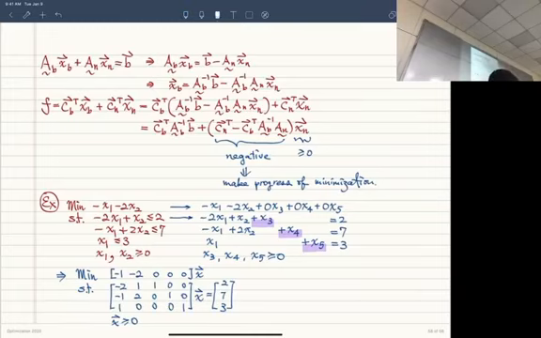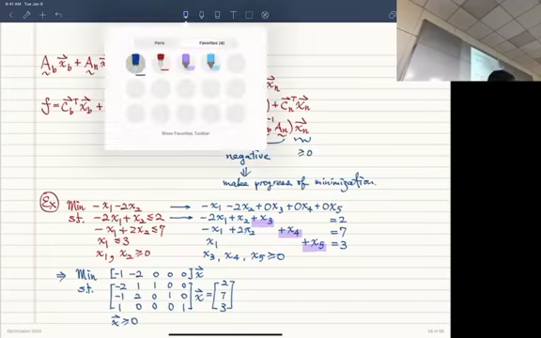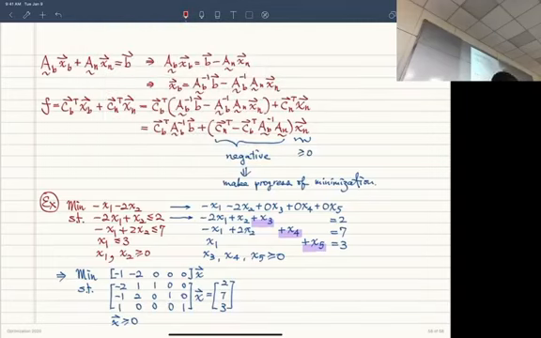And by default, to have a good start, usually we treat these slack variables as basic, and we treat these as non-basic.